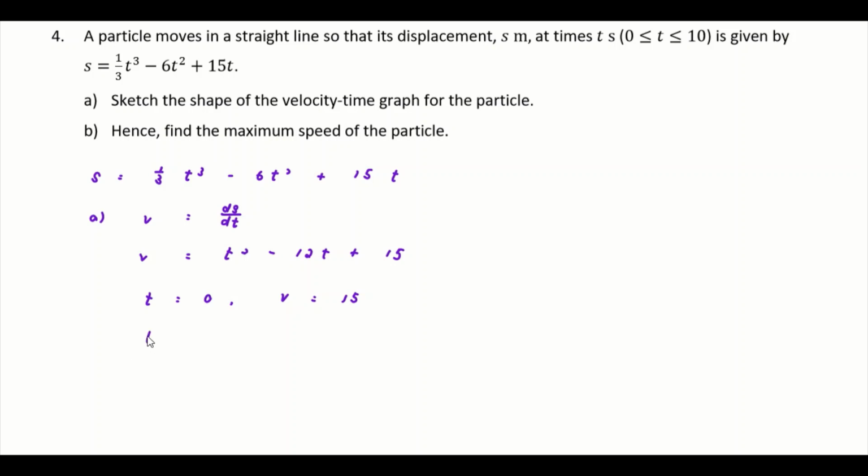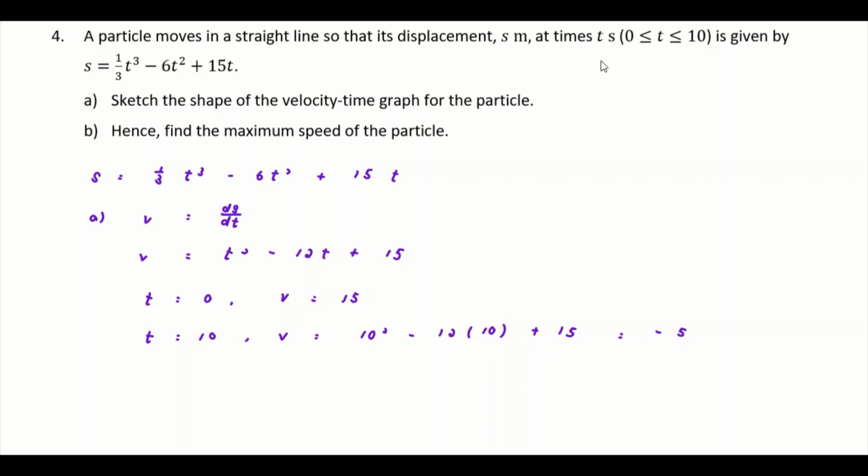Then when t equals 10, let's substitute. v is equal to 10 squared minus 12 times 10 plus 15. From here I get negative 5. So this is where my graph should end.